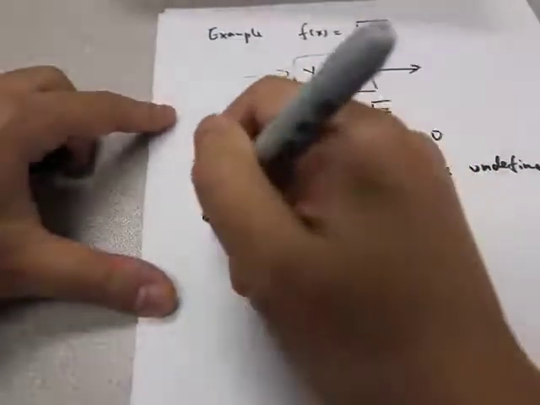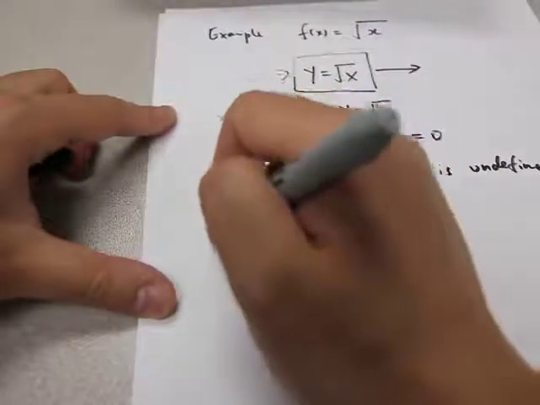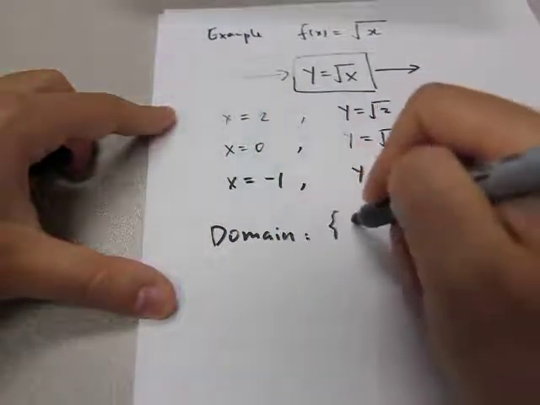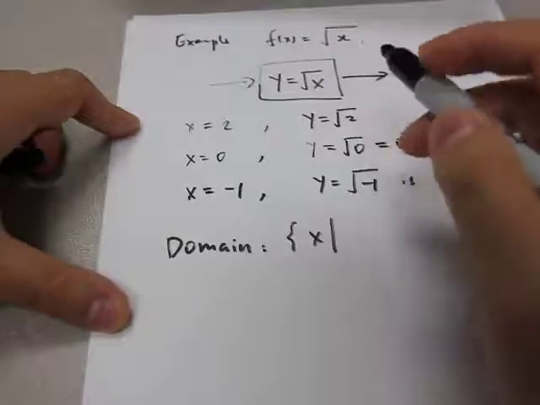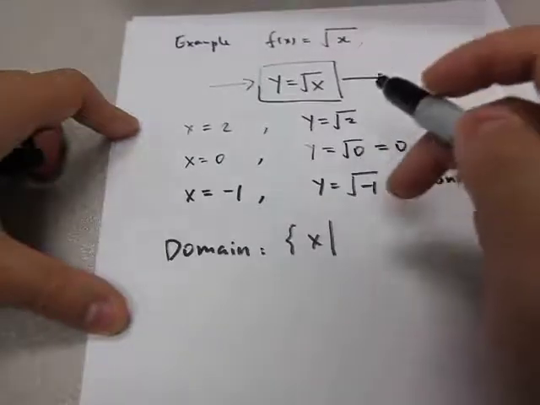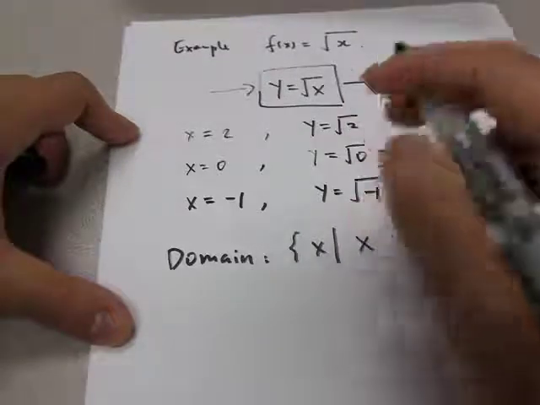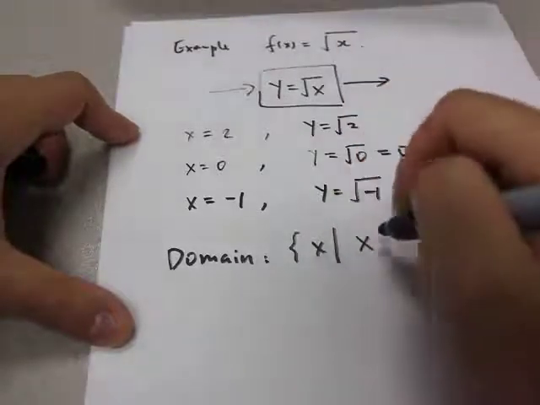So in this example, if no negative numbers can be in the domain, the domain has to be every positive number and 0.